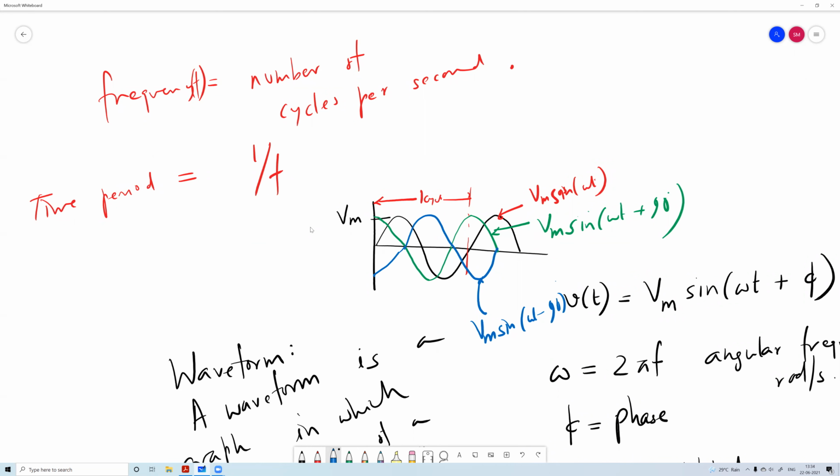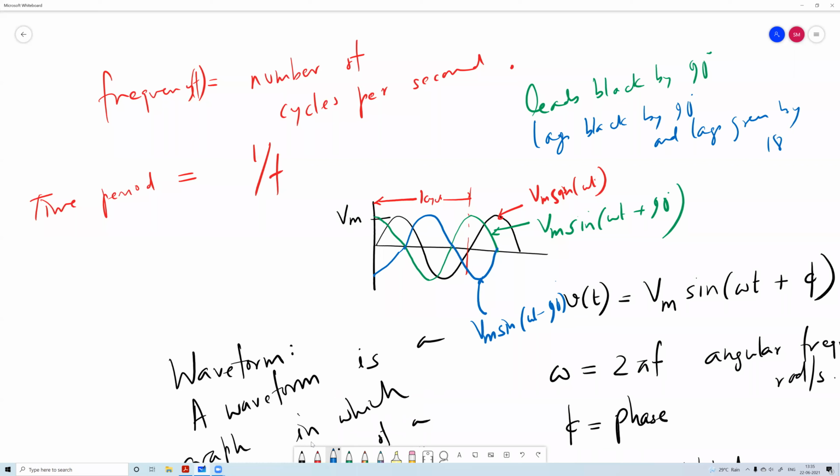So the green waveform leads black by 90 degrees. The blue one lags black by 90 degrees and lags green by 180. Can we say this? Yes, sir.